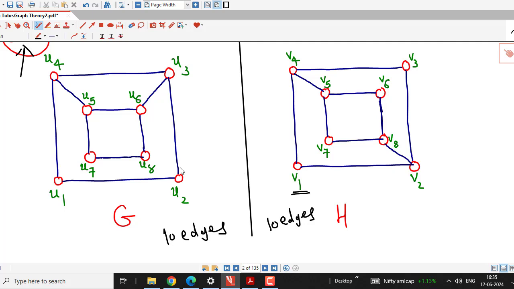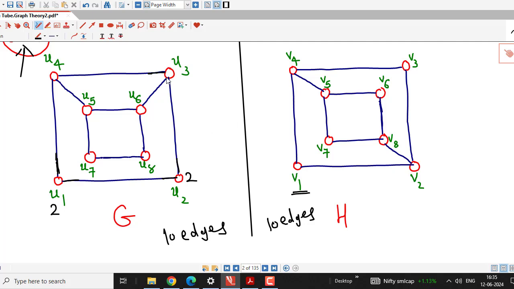Now we check the degrees of vertices. First we find out the degrees of each vertex in graph G. Here we can see two edges meeting or ending at vertex U1, therefore degree of U1 is 2. Similarly there are two edges incident with U2, therefore degree of U2 is also 2.